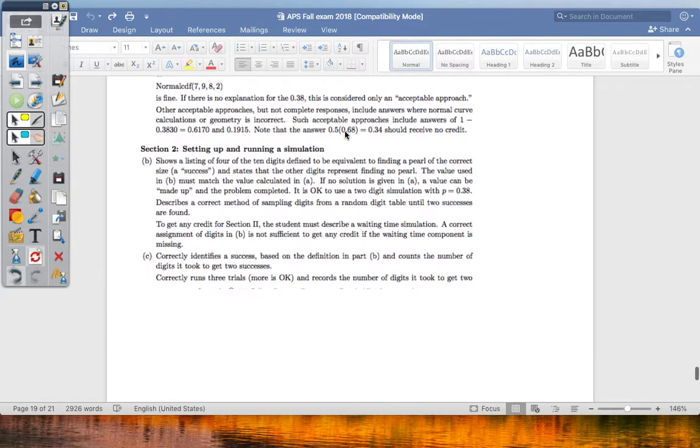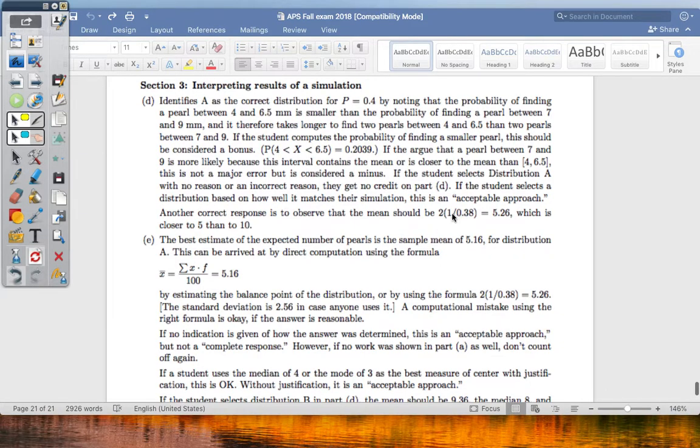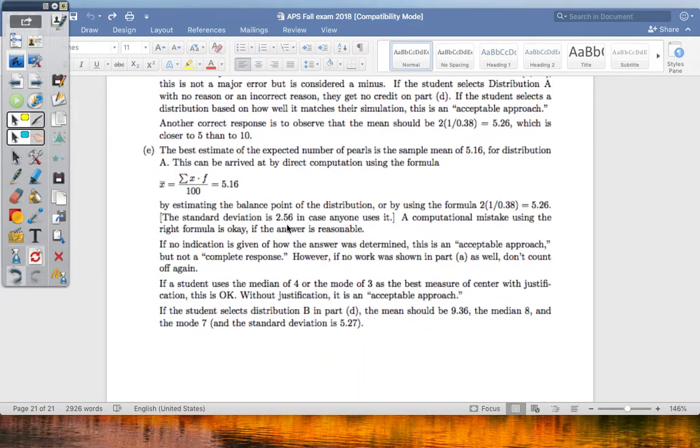I'm trying to explain it a little bit better. We multiply by 2 because we're looking for the probability of 2 of those occurring, right? So we would say 2.56 multiplied by 2, which would be 5.26, the balance point of that distribution.